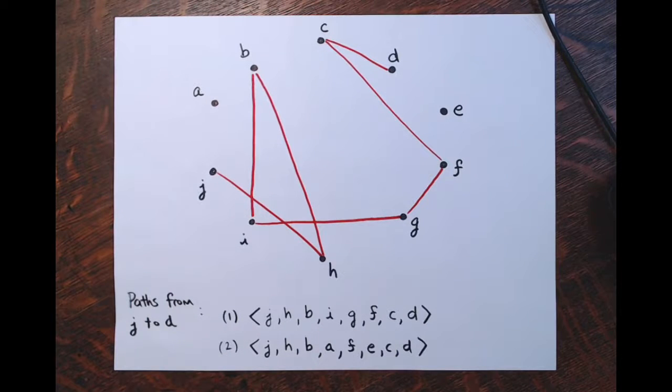They said that it's in the graph from J to D, and again, path means open walk, no repeated edges, no repeated vertices, as we've seen here.